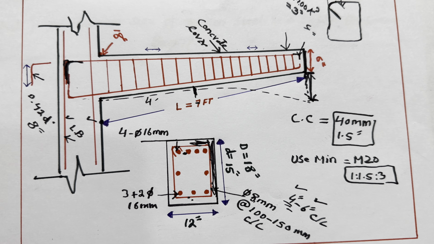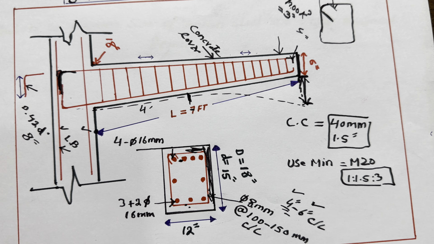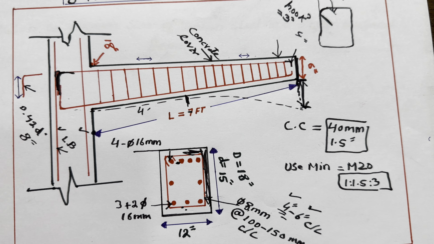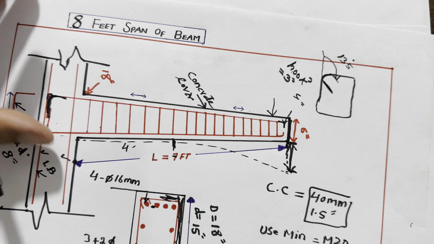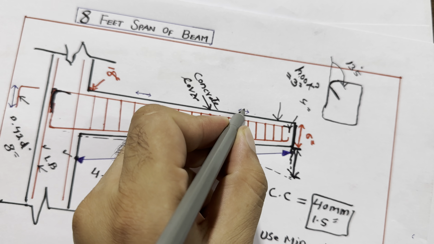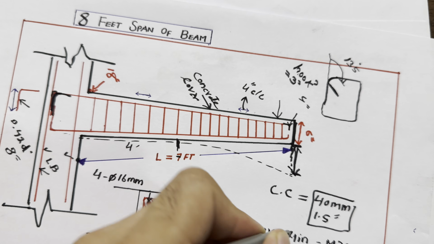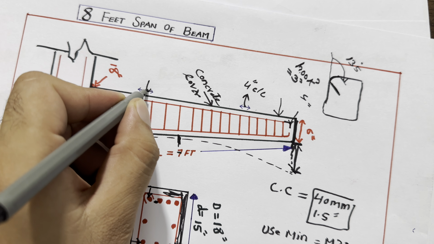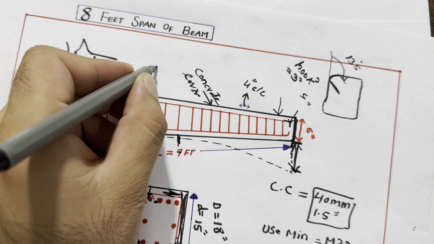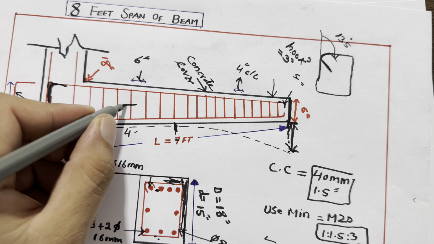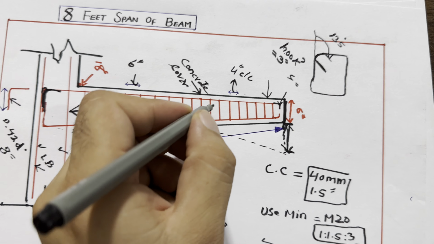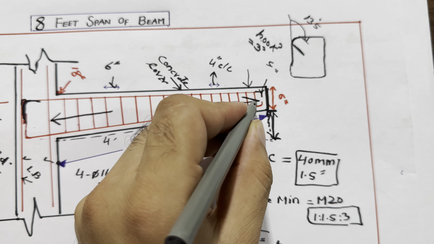So this is very important to use minimum, but you can increase the concrete grade. Next guys, as we discussed before, here the spacing you can keep about 4 inches center to center. We have two sections here, and here you can keep the spacing 6 inches. This is near the fixed end, and this is near the free end.